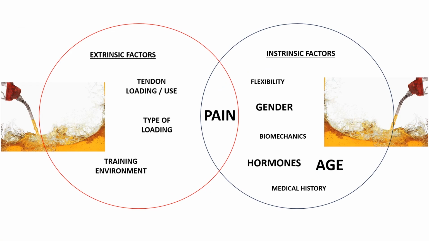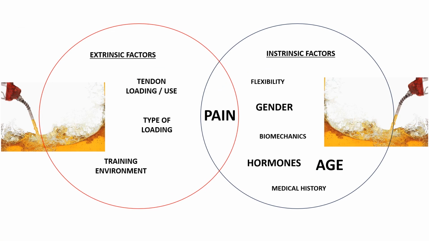For the Achilles tendon, it would be running, and for the patellar tendon, it's generally jumping. That's why it's not a coincidence that basketball players and volleyball players tend to be the ones who develop patellar tendinopathy. And equally with Achilles, it's not a coincidence that it tends to be runners, right? Proof's in the pudding.